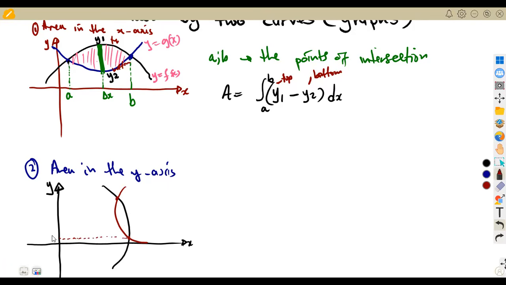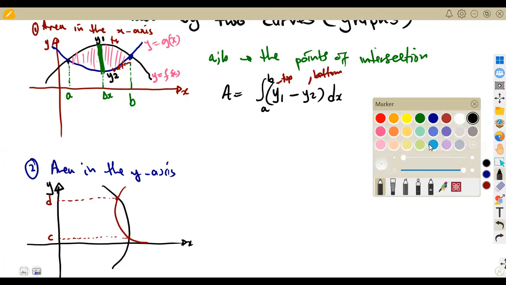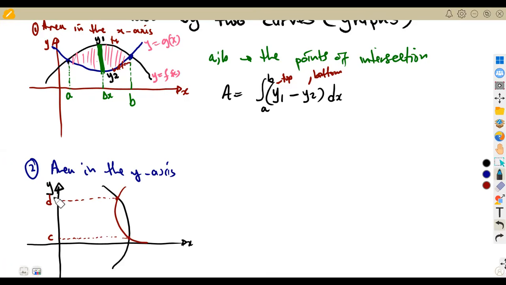Let us just say this point corresponds to C, and this point here corresponds to D. Just like here, we've got A and B. Now let us just say I've got C and D. So this is what you're going to have in between the graphs, because we are representing our limits in the y-axis.